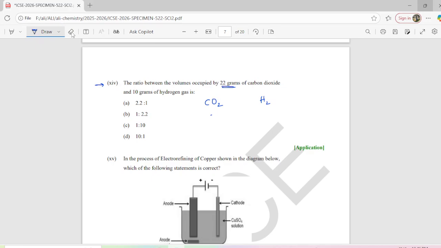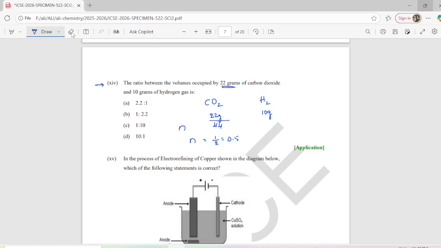I am taking 22 grams of carbon dioxide and 10 grams of hydrogen. To get the number of moles, I need to divide the mass of the carbon dioxide by its gram molecular weight, which is 44 grams. So the number of moles of carbon dioxide is 1 by 2, that is 0.5.